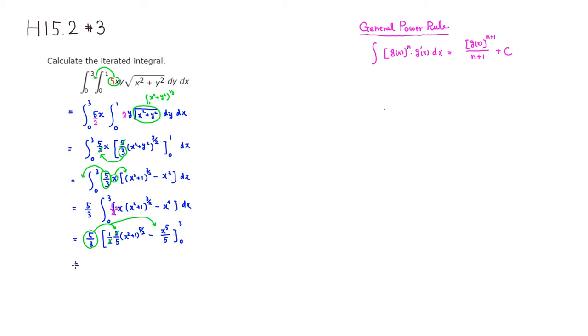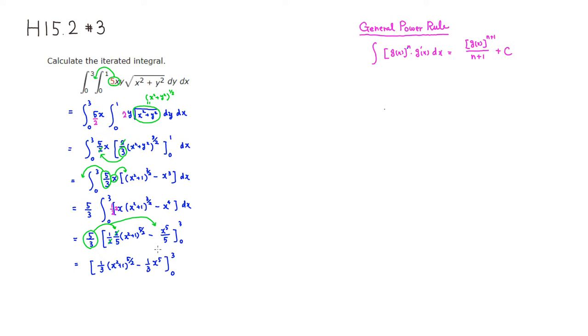Then you end up getting, the 5 and 5 cancel out, so you have a 1/3 times x squared plus 1 to the 5/2 power, minus also 1/3, because the 5s cancel out, times x to the 5th power, going from 0 to 3.